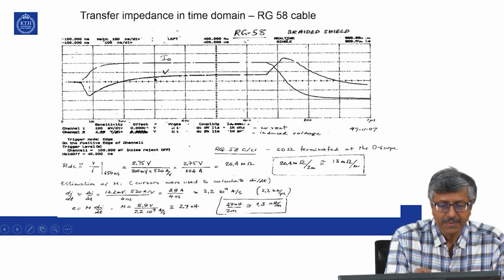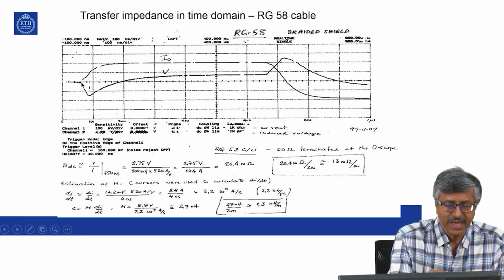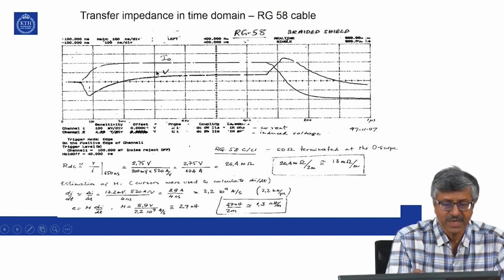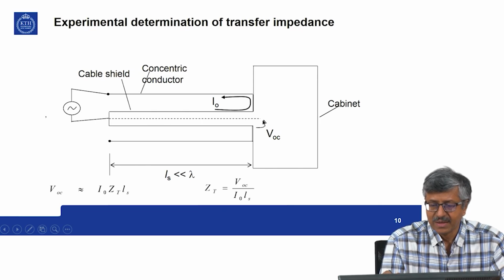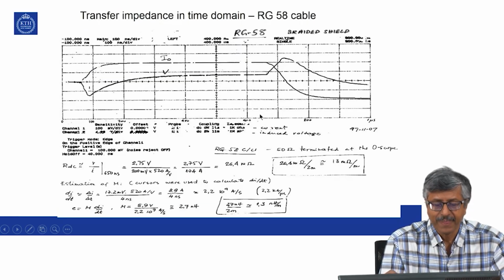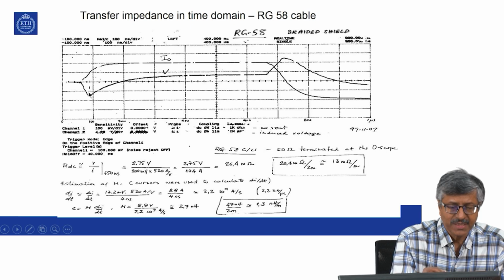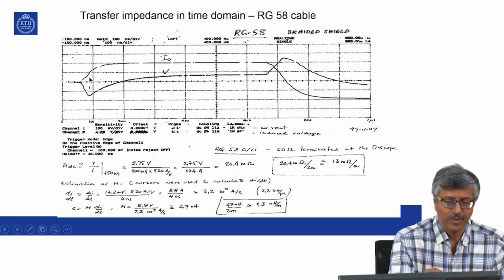Here the rise time is several nanoseconds, and you can see the voltage. This voltage is what you measure, the open circuit voltage, and you can see it peaking when the current is having maximum derivative almost.